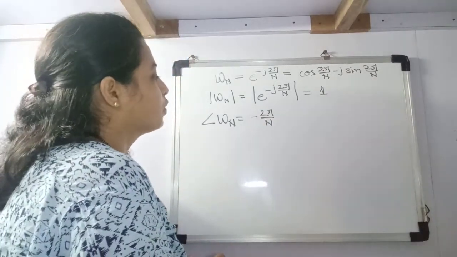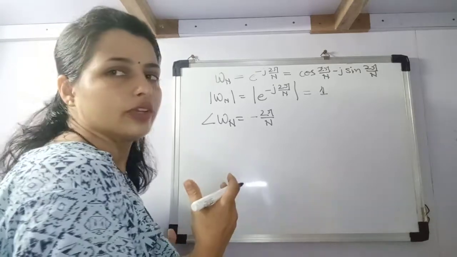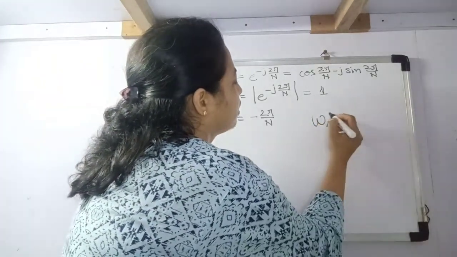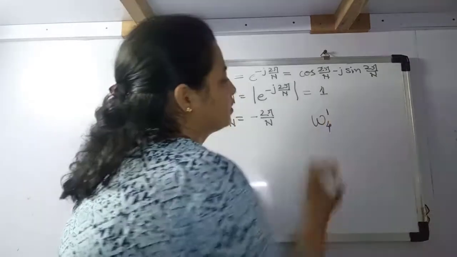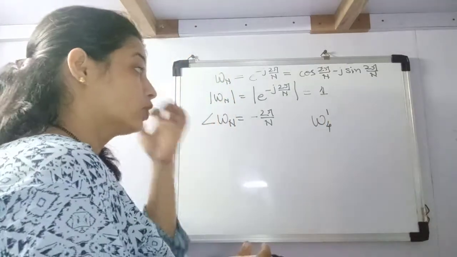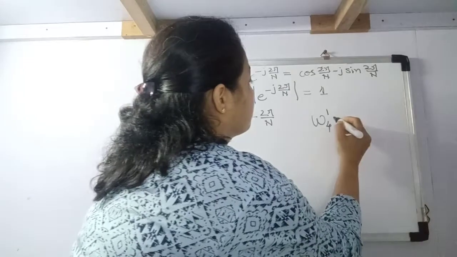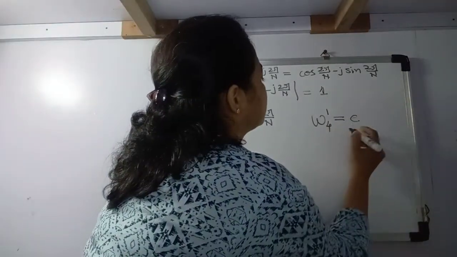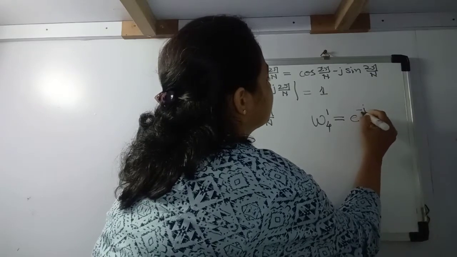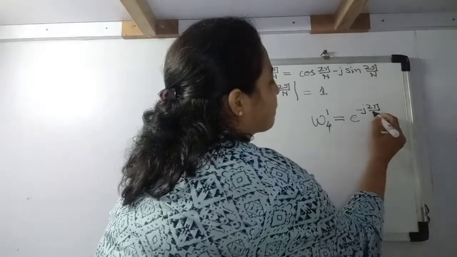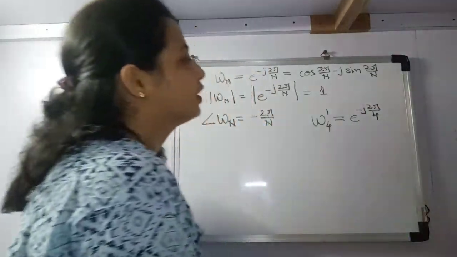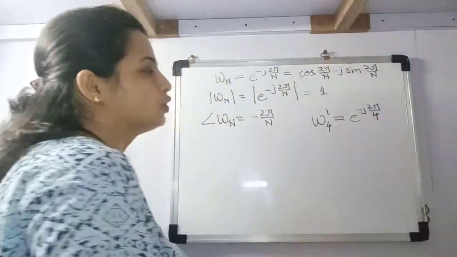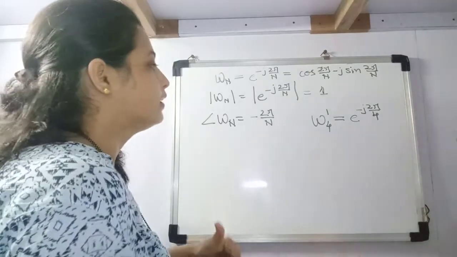Okay, so what if we are calculating for 4 points? Omega 4 1 is e raised to minus j 2 pi by 4, raised to 1. So this angle is minus 2 pi by 4, meaning a minus 90 degree position.